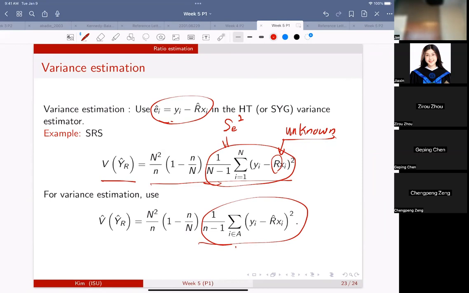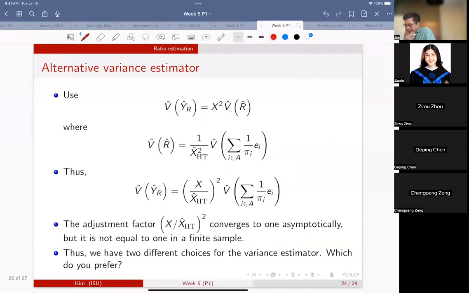That is the classical variance estimator. But actually there's an alternative method. The alternative variance estimator is that we first recognize this relationship, right?